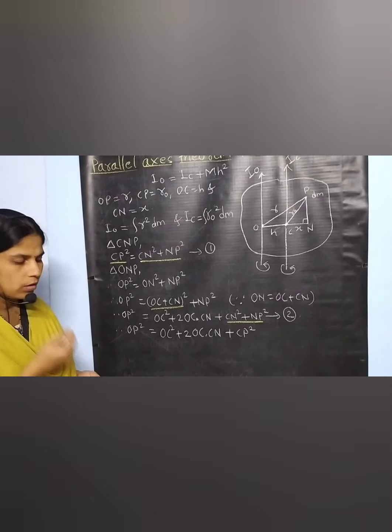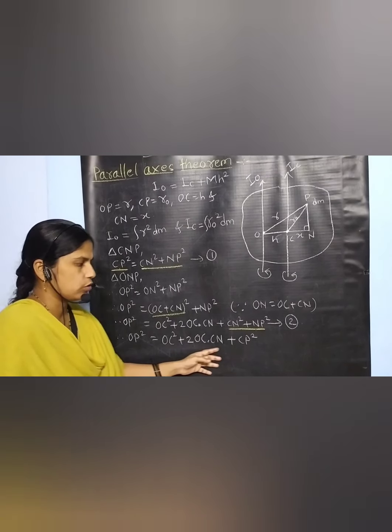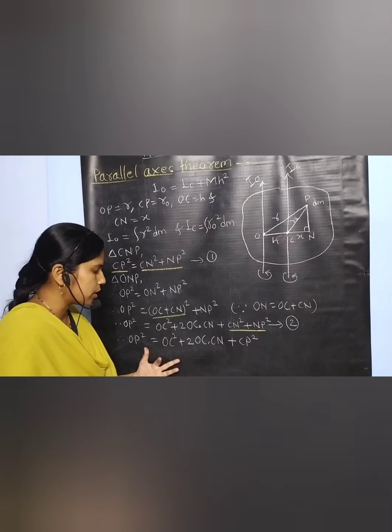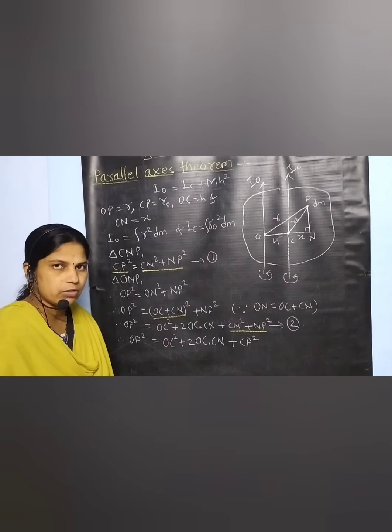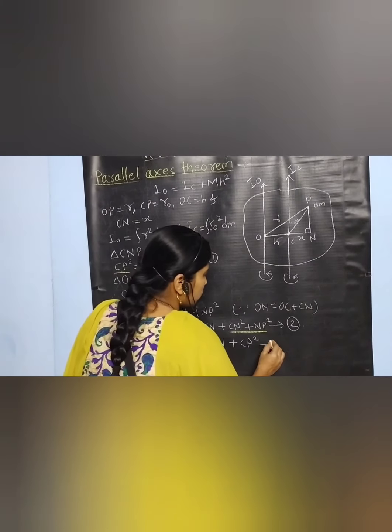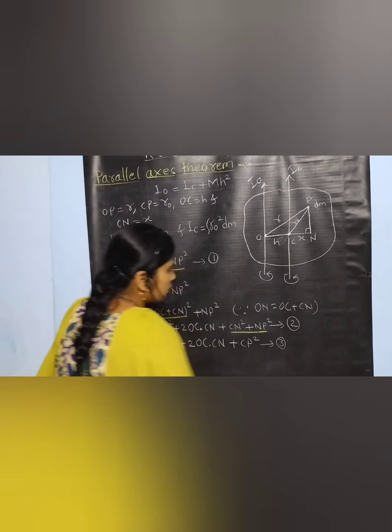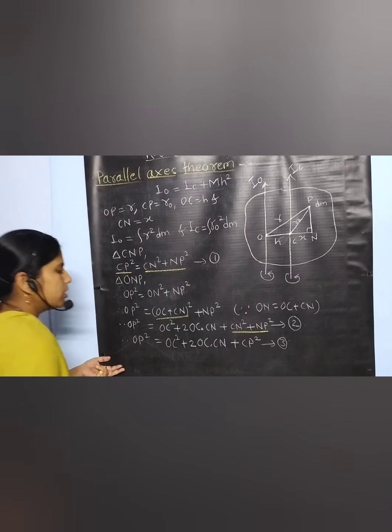Now we are multiplying this equation, equation number 3, by dm on both sides and integrating the equation.